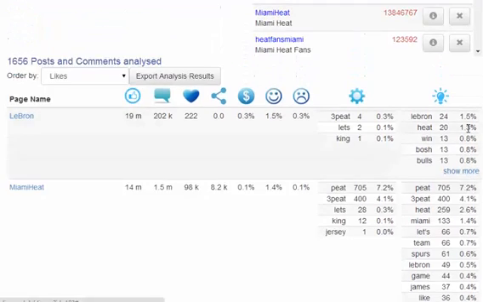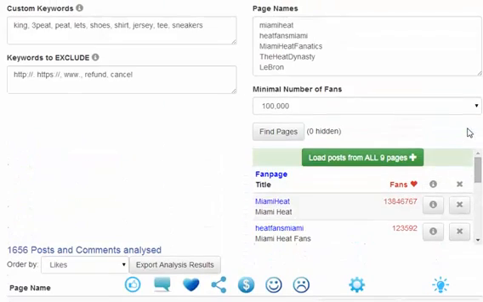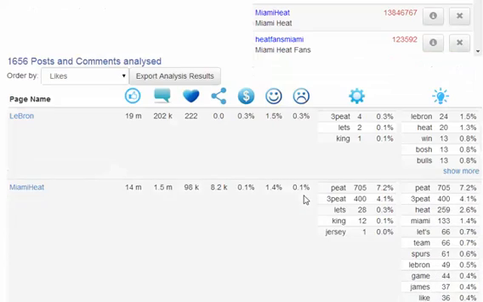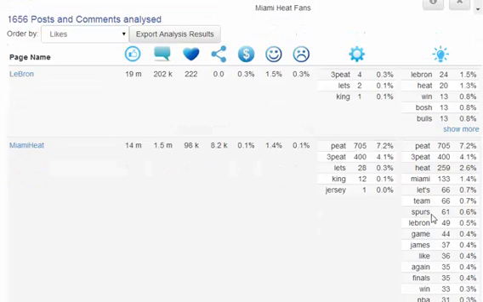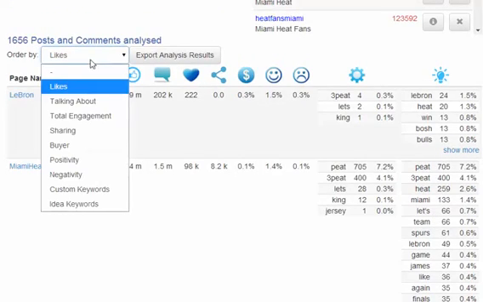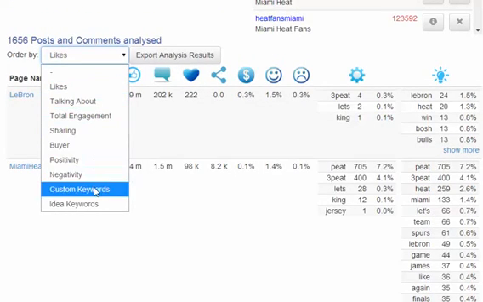So just to recap, we describe the kind of product we're selling up here, and then we see how many times those words are mentioned on that page, and it gives us a very cool idea of whether that fan page is a good fit to target our ad and our campaign to. So just from scanning down here, let me scroll up here and arrange by our custom keywords.